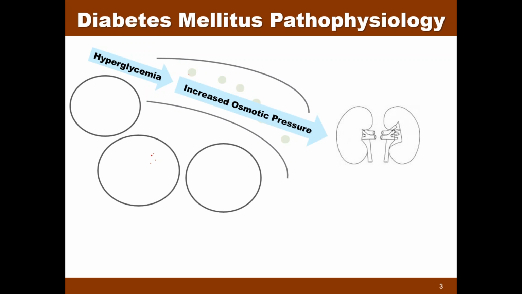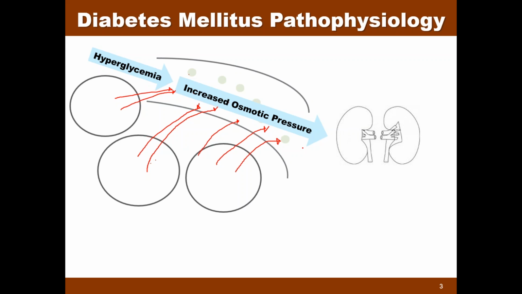Increased osmotic pressure leads to a magnetic attraction of fluid from the surrounding areas, so that the fluid from the cell will transfer into the vascular space, or into the blood vessel. With this process of fluid transferring into the blood vessel, the cells of the body develop a state of dehydration. And that's why it's very common for patients having diabetes mellitus to experience excessive thirst.